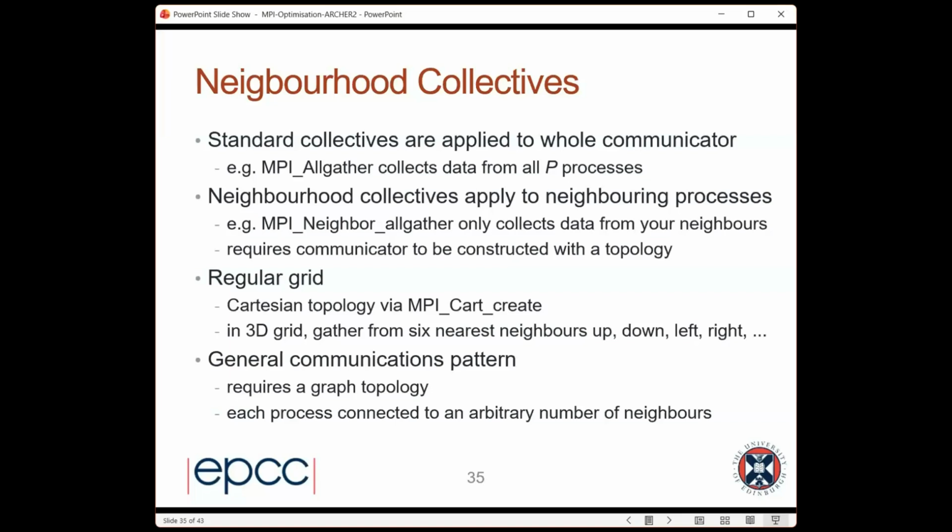So if you're interested in writing a really cool program where your rather complicated halo swapping code is replaced by a single call to one of the MPI neighborhood collectives, you're welcome to go away and do it. However, if you run the benchmark, you'll see that in practice it's probably the same performance as doing it with point-to-point communications, but it's an option.